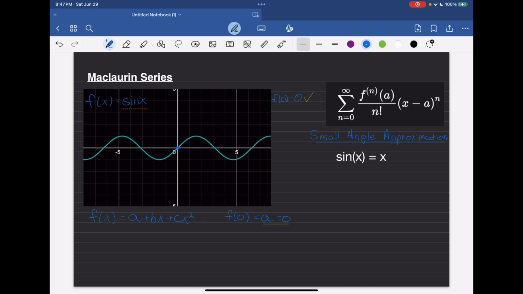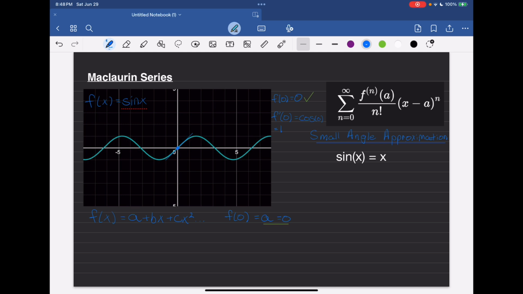Now, if we want to get an even closer approximation, we can say that the rate of change, or the derivative of both functions, must be equal around x equals 0. So the rate of change of sine of x around x equals 0 is just the first derivative of sine x, which is cosine, and cosine of 0 is just 1.